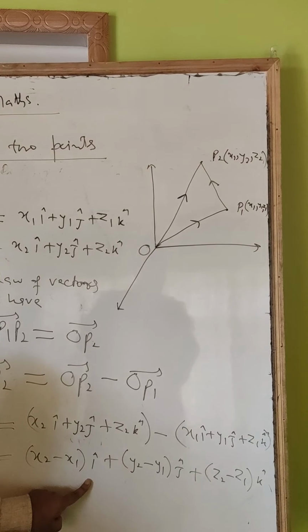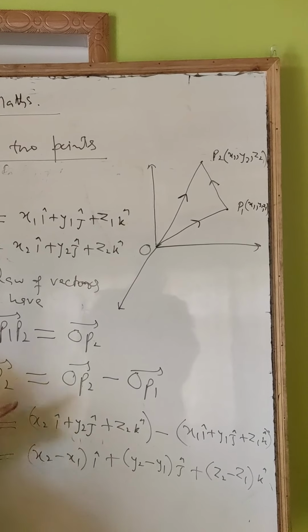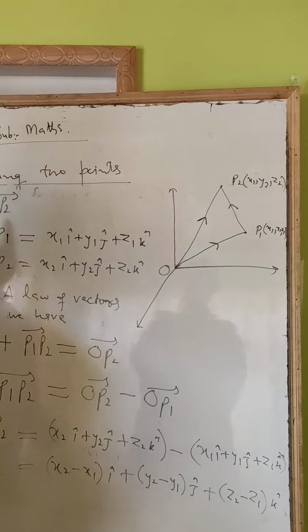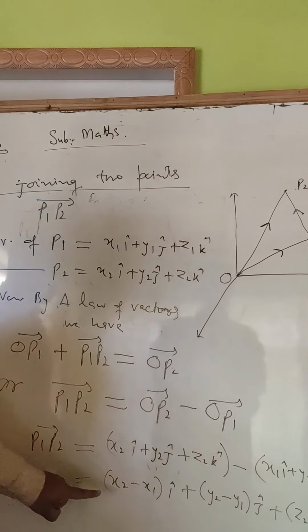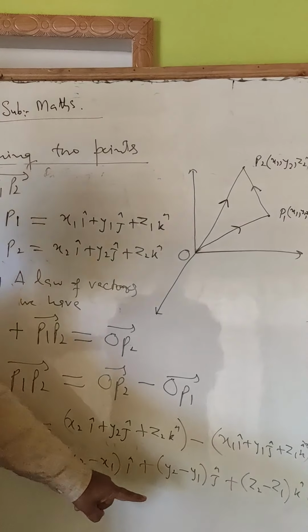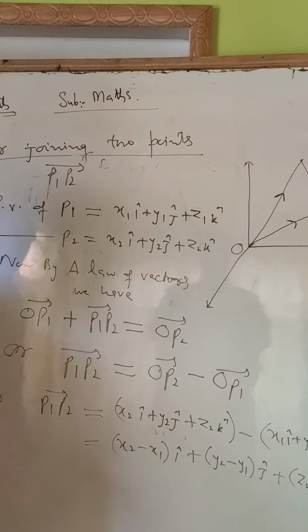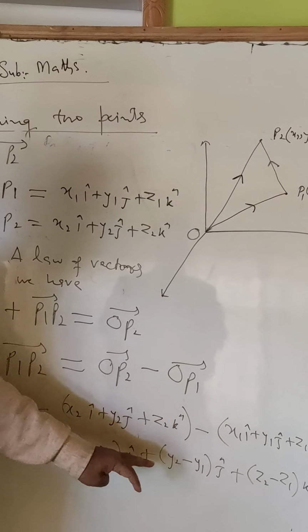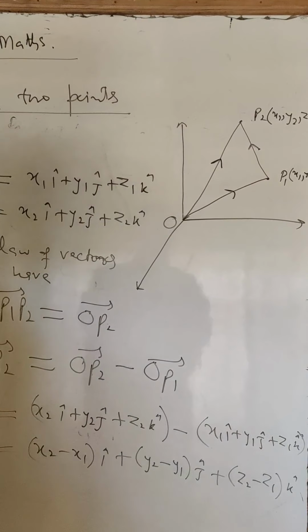This is the vector which represents the join of the 2 points P1 and P2, that is vector P1 P2 is equal to x2 minus x1 i plus y2 minus y1 j plus z2 minus z1 k vector.